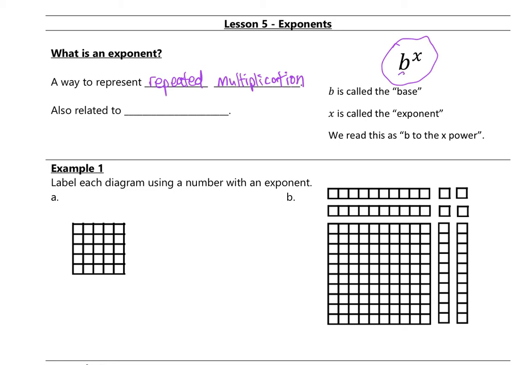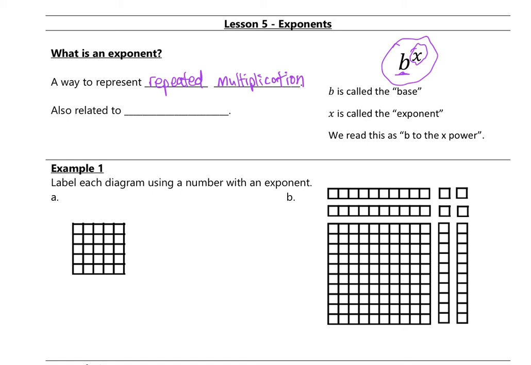which is this b, the base, and then the exponent part of it is smaller, usually half as big as your regular font size, and is up and to the right. We call this a superscript, which is random information you don't really need to know.